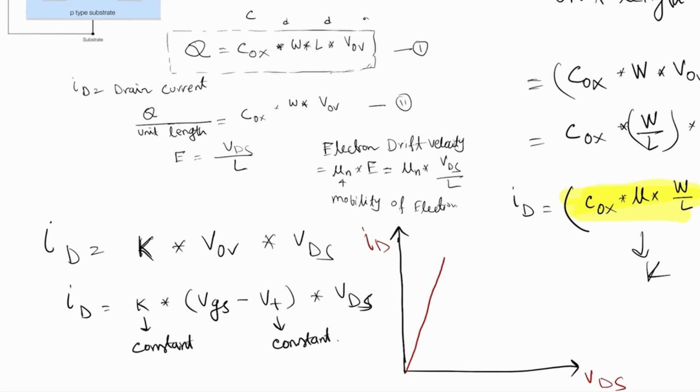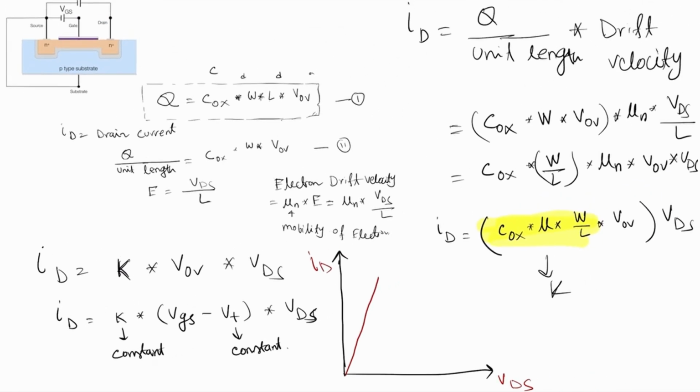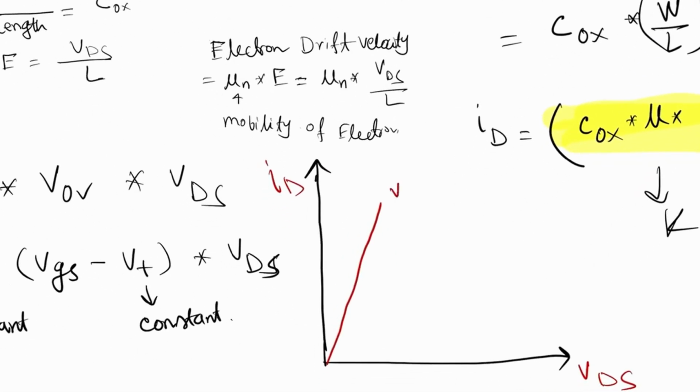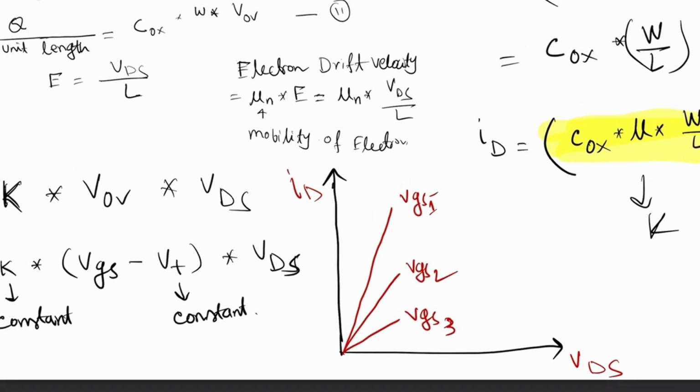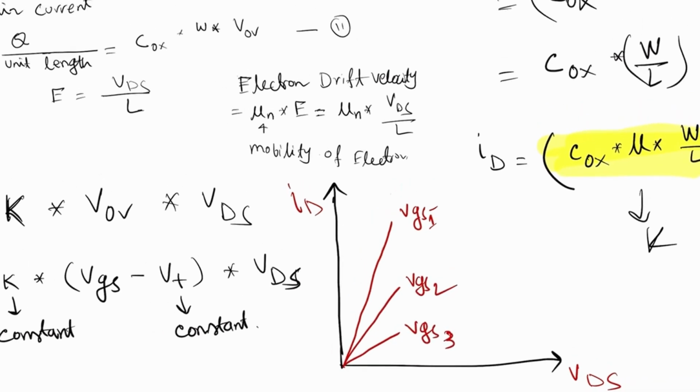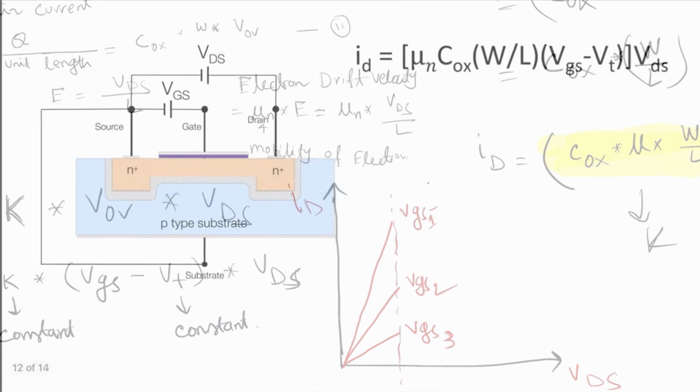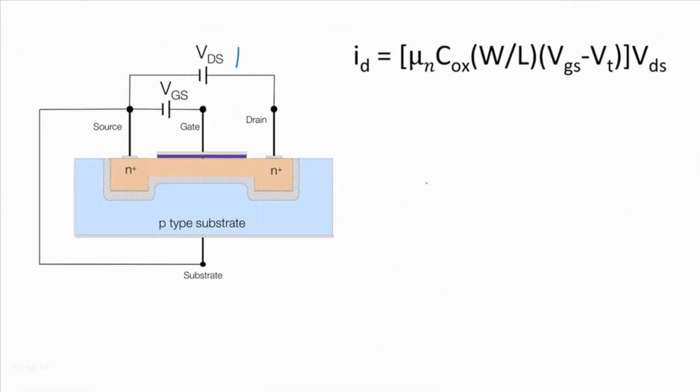If we decrease the VGS, then it will look like this: VGS1, VGS2, VGS3. So do you understand why this looks like this? This one is the triode region. So today what we will do, we will increase the VDS from small to large.